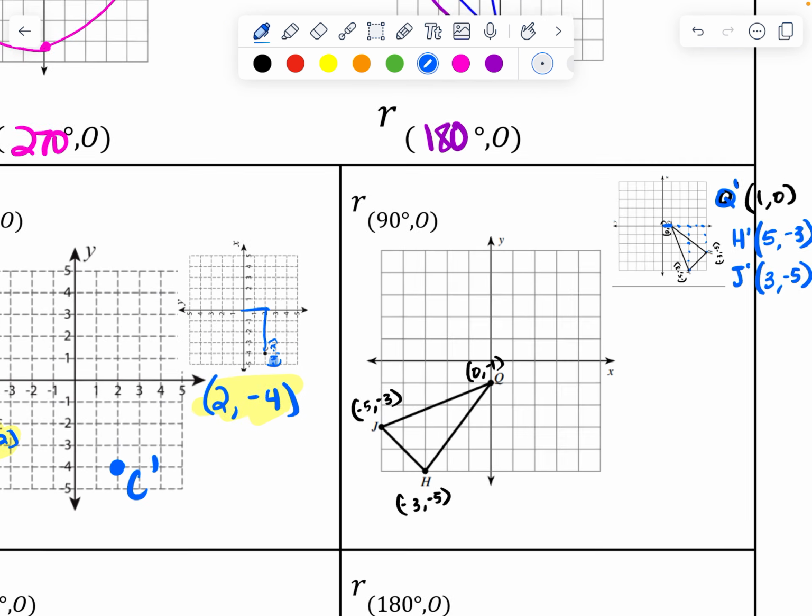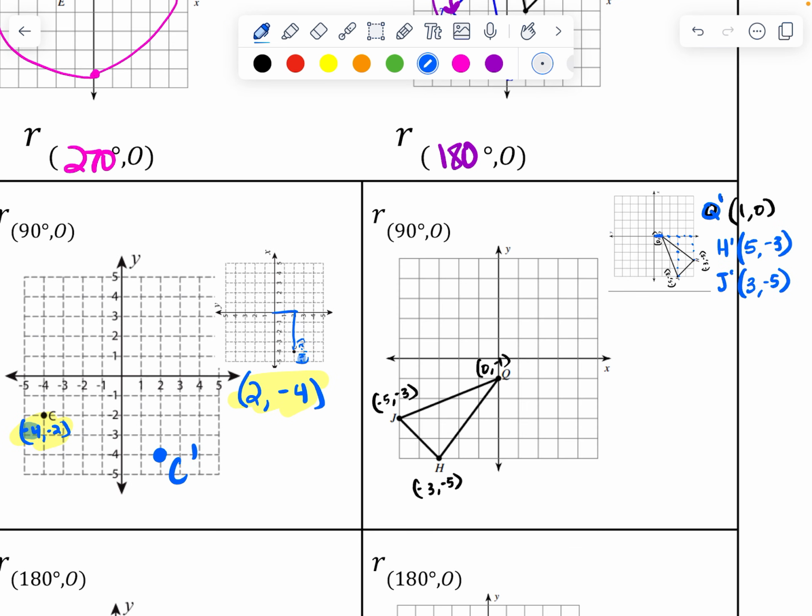Now we're going to graph them on the same graph because you don't have the benefit of two graphs like this. So 1, 0, Q prime. That makes sense. H prime is at 5, -3. H prime, rotate 90. Okay, so this, I'm just checking my work here.